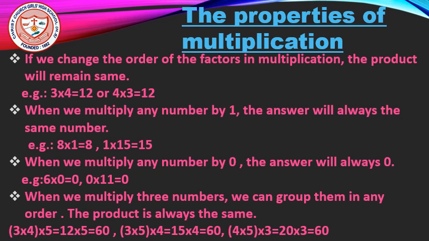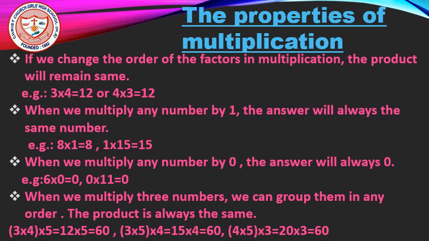Now 12 into 5 equal to 60. We can write it as 3 into 5 gives us 15. Then 15 into 4 gives us 60.